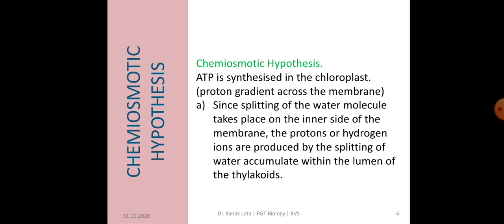So let us understand this in 3 steps. In the first step, since the splitting of water molecule takes place on the inner side of the membrane, the protons or hydrogen ions are produced by the splitting of water. These hydrogen ions get accumulated within the lumen of thylakoid.